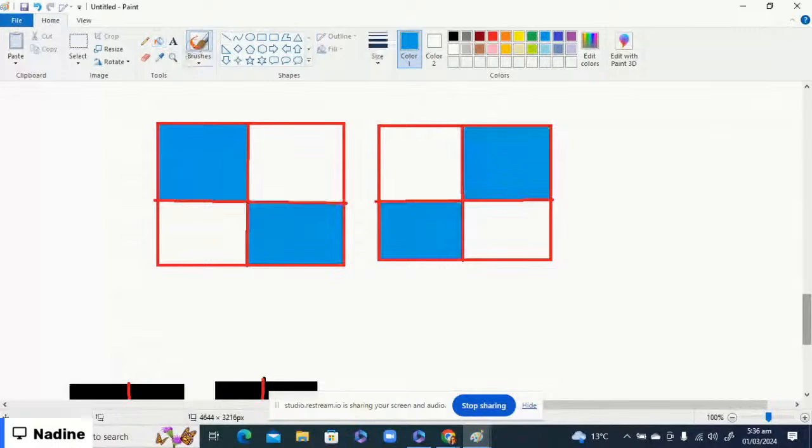First of all, tell me how many total figures are here? 2. We put it here. Times how many small boxes in each figure? 1, 2, 3, 4. This is again 1, 2, 3, 4. Let's write it in the denominator. How many colored in each of it? That is 2, which we put in the numerator. Got it?